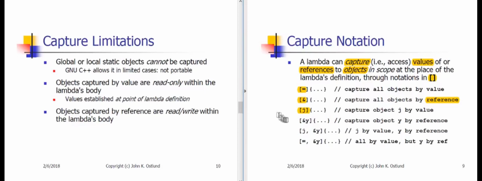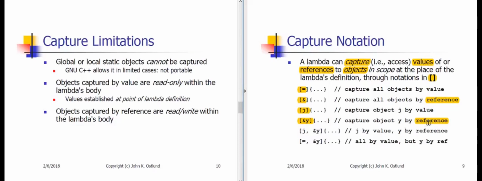On the other hand, if there's some y object in the scope where you have defined your lambda, then you can access the y object by reference within the body of the lambda if you say ampersand y in the introducer.